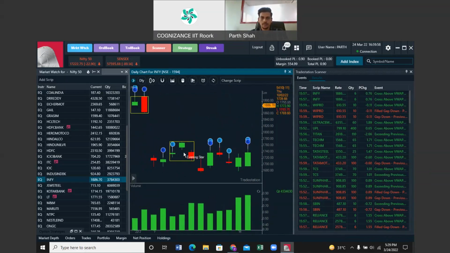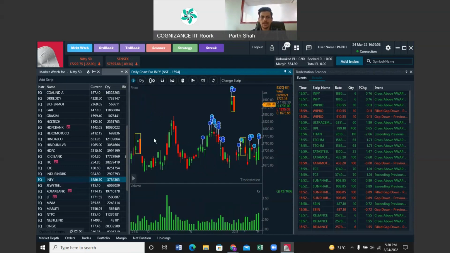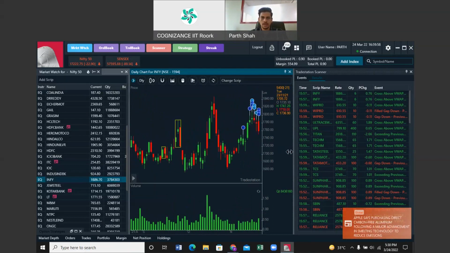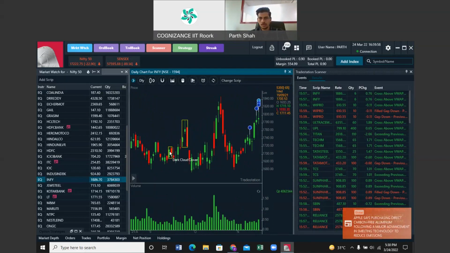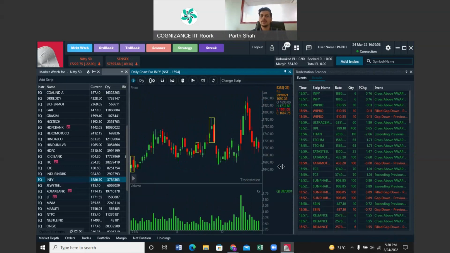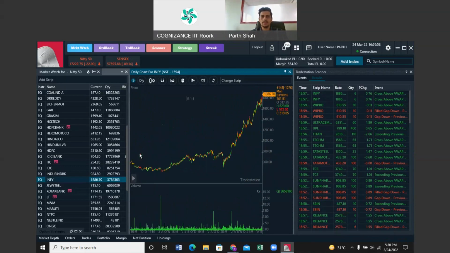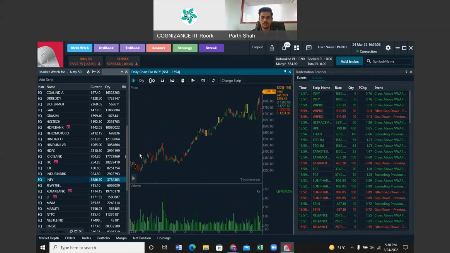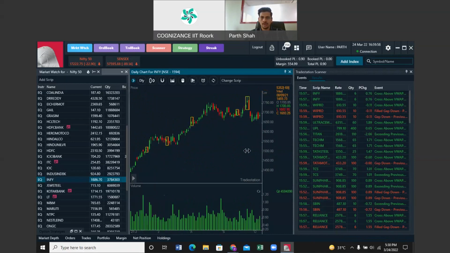If you see here, an evening star pattern has formed. So it has highlighted. Here a dark cloud cover has formed. Similarly, evening star again has formed here. And here, dark cloud cover. So multiple candlestick patterns can be found directly, and will be highlighted to you whenever they form.